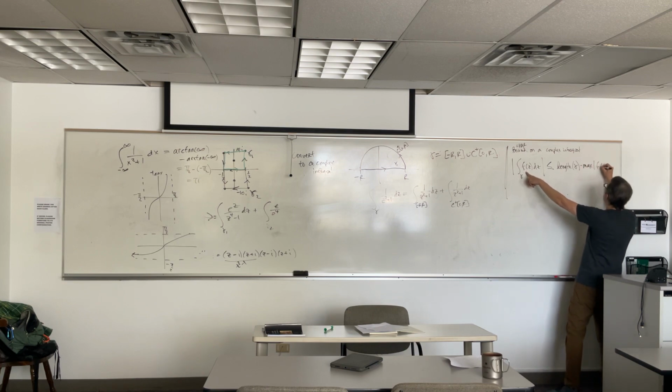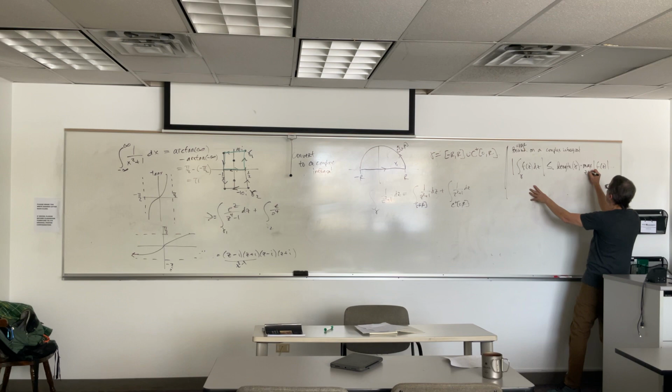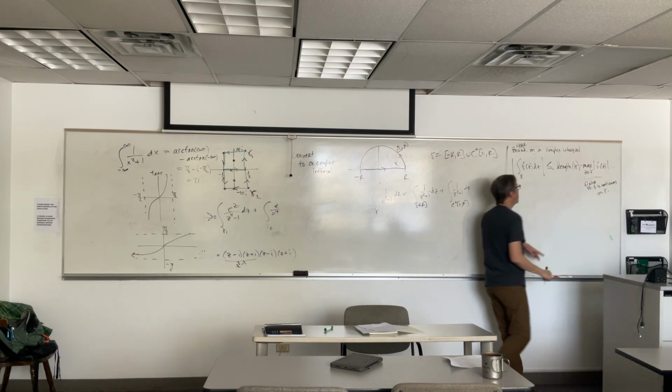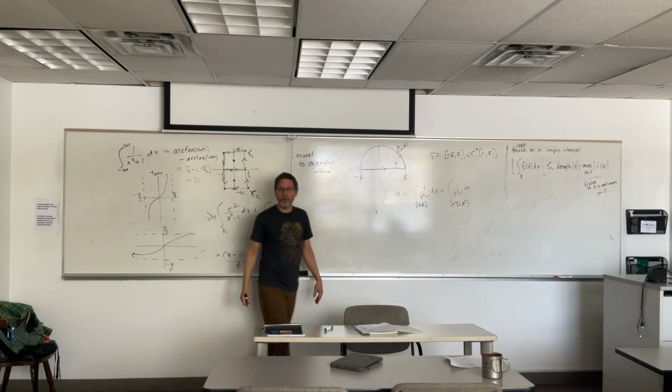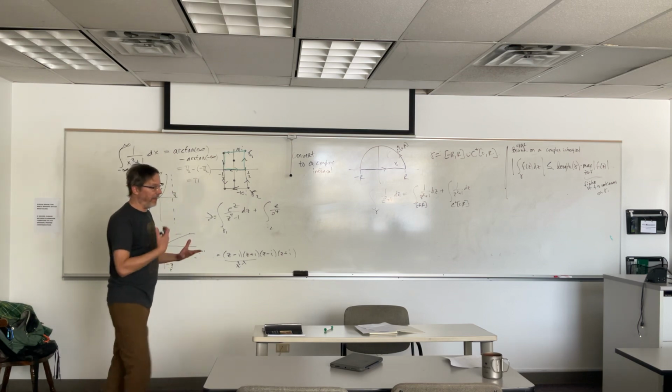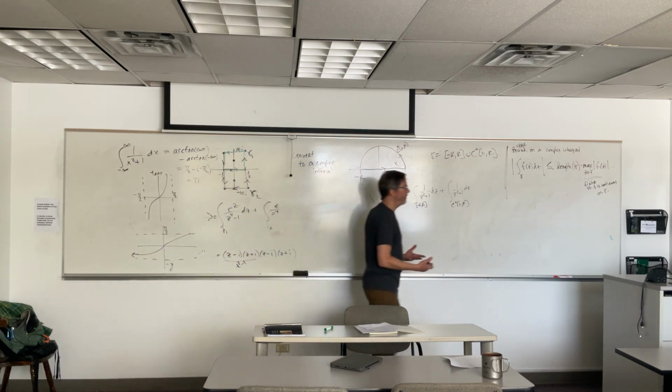Here I'm assuming that the max exists, so I'm going to say f is continuous. This will be finite if f is continuous on gamma. So that helps me get an upper bound. That'll be something we come back to time and time again from here on out.